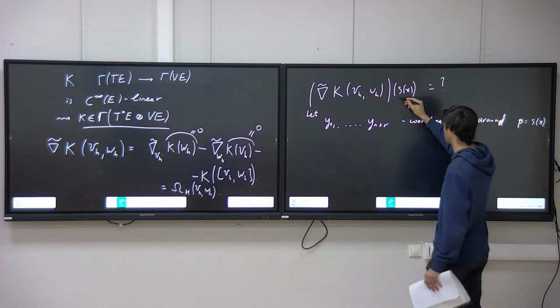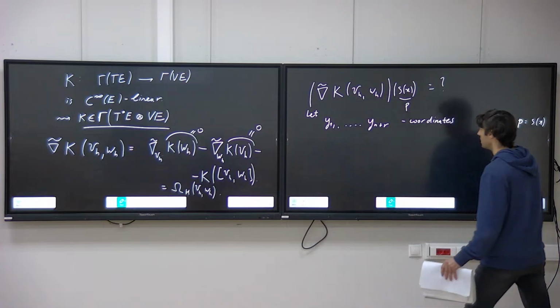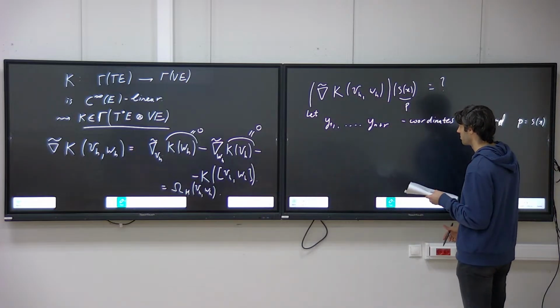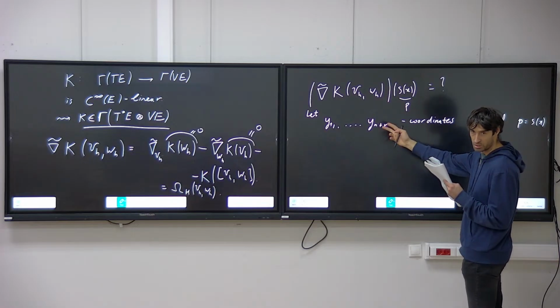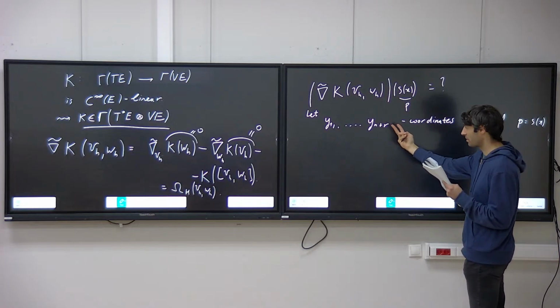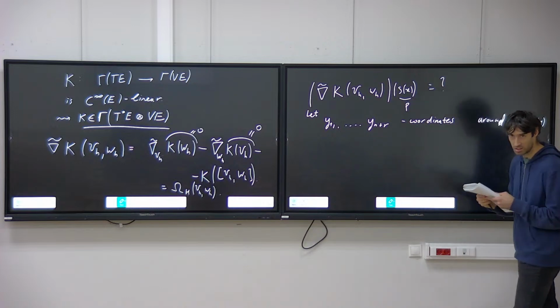Well, this is point P already. So n is the dimension of X, r is the rank of E. So therefore I have n plus r coordinates in E.